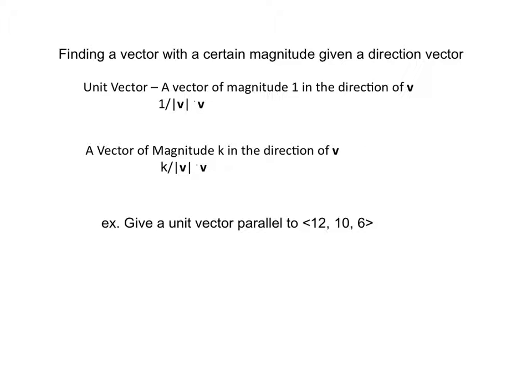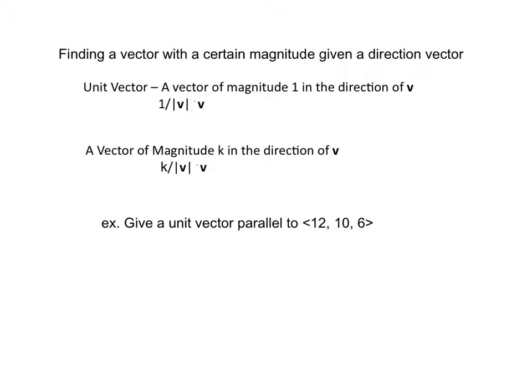Okay? This is just a quick review of a principle that we looked at earlier. When we looked at the magnitudes, we saw that we could make a unit vector by multiplying a vector by 1 over its magnitude. That's what this first one is.